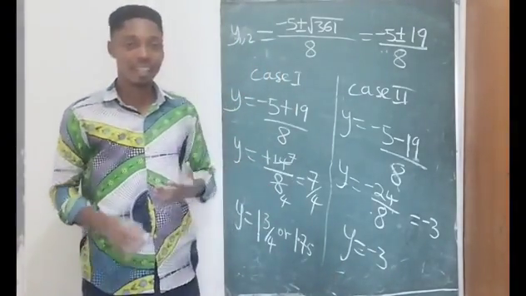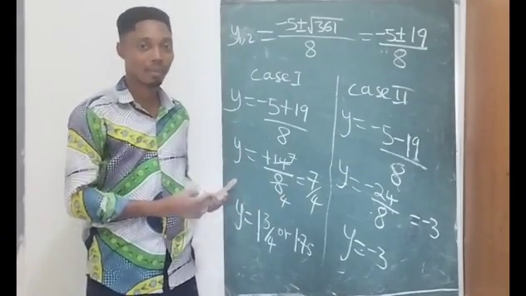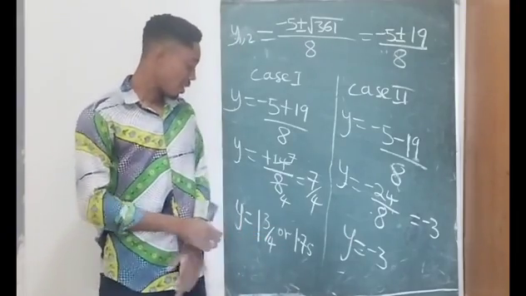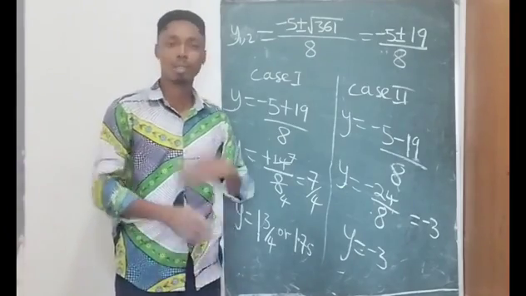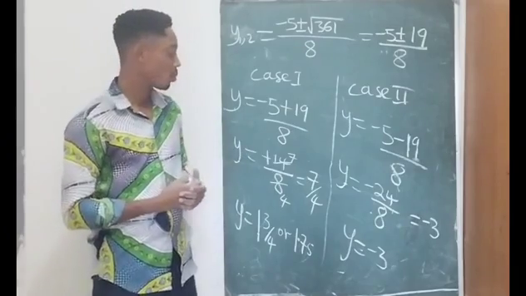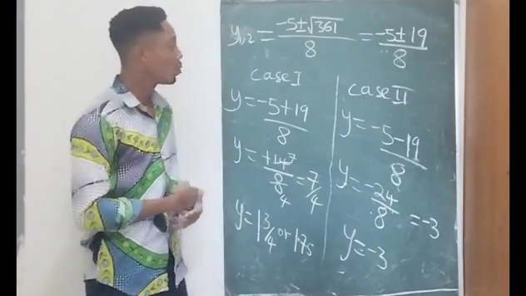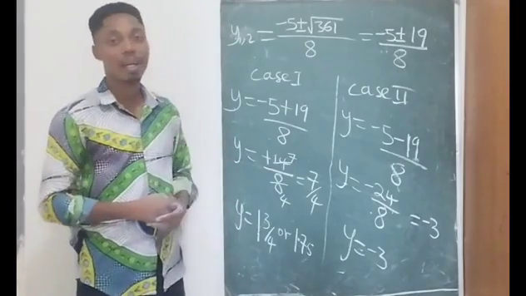You can see that we still have the same values of y, though in the previous one we had y as minus 3 first, followed by y equals 1 and 3 over 4. But it doesn't matter the order, it's basically the same thing. So these are the roots, the solutions of this quadratic equation using the factorization method and also the formula method.